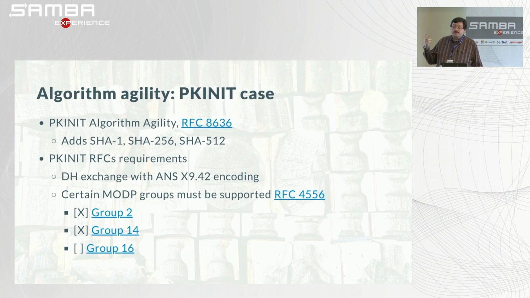And there are two groups marked as required: group 2 and group 14. To cut things short, group 2 has not been considered safe for maybe 15 years already, but it's still on the list of recommended for use by different protocols, not just PKINIT. Group 16 is something good that we can use.